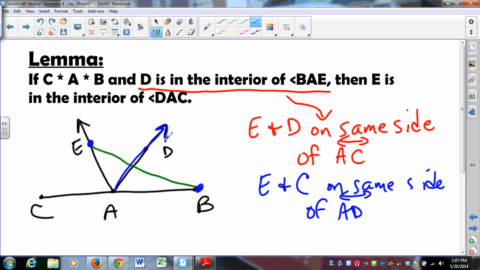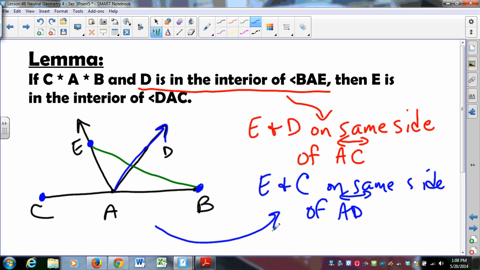And if B and E are on opposite sides of this ray, that's good, because we already know that B and C are on opposite sides of that ray. So if B and E are on opposite sides, and B and C are on opposite sides, then E and C are on the same side. And if E and C are on the same side, then we're all done. We've got what we want.